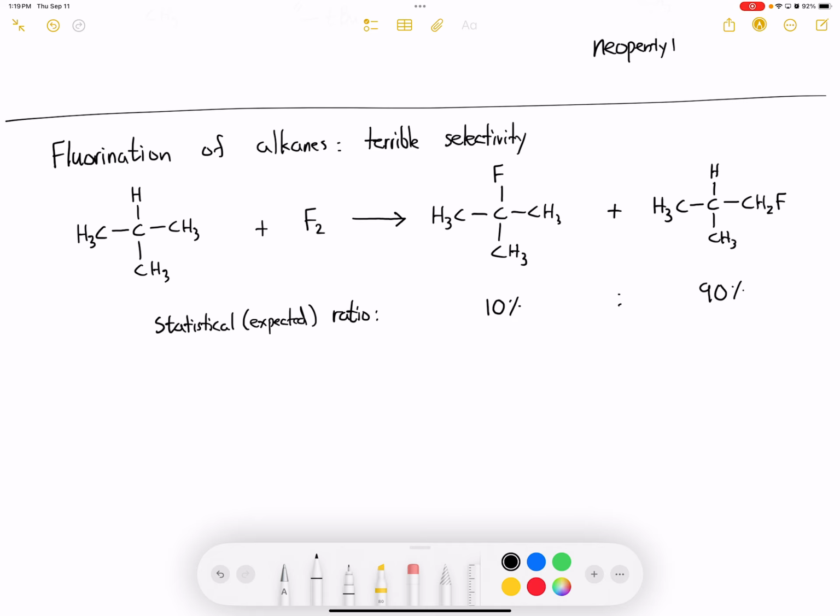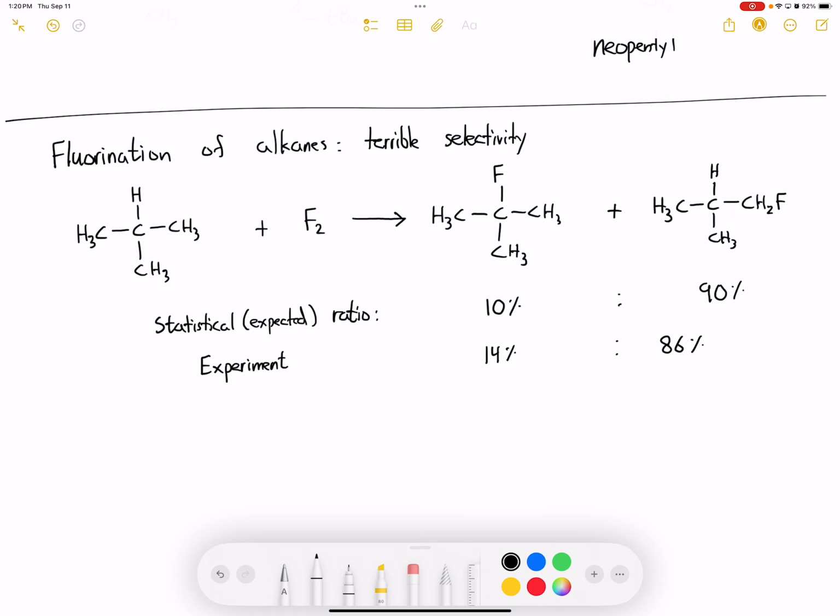Okay. But what do we see in an experiment? An experiment is actually quite close to that. We do see a ratio close to 1 to 9, or 10 to 90%. It's 14 to 86%. So that's pretty close to what we expect.